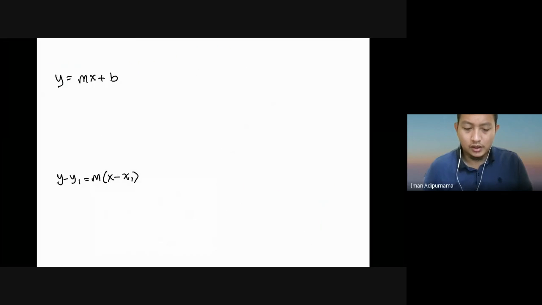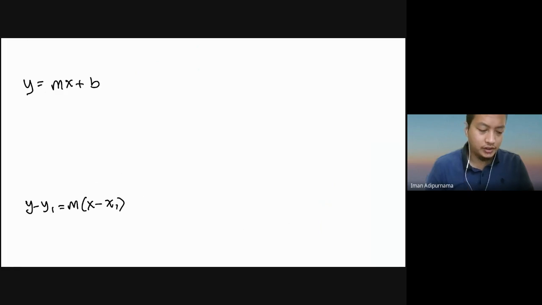Okay, let me give you these two general equations here. The first one is the very basic equation of a line.